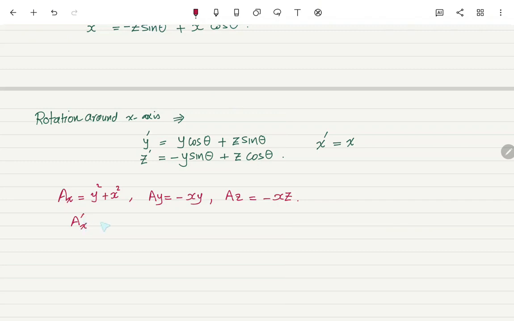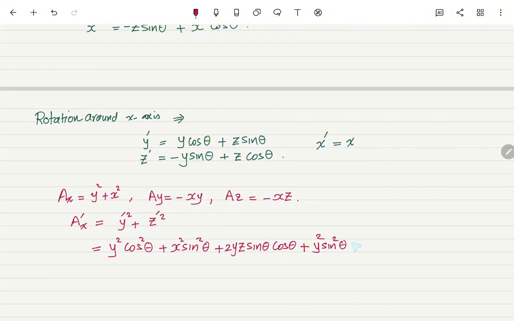Therefore, ax prime equal to y prime square plus z prime square, or y square cosine square theta plus x square sine square theta plus 2yz sine theta cosine theta, plus y square sine square theta plus z square cosine square theta minus 2yz sine theta cosine theta.